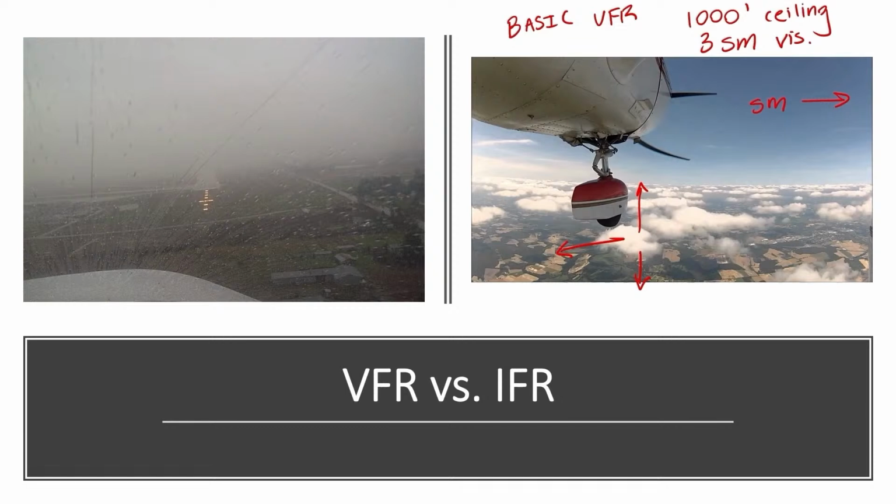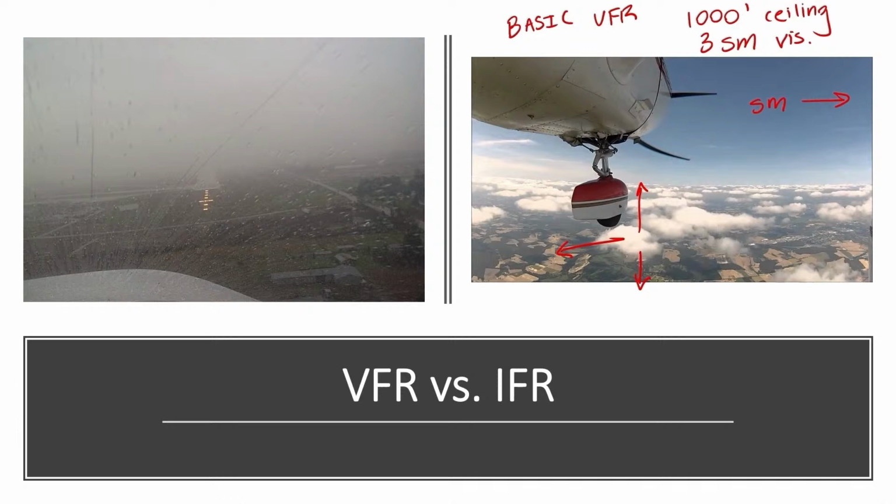We then have a few clouds, scattered clouds, broken, and then also overcast, which would be like a solid layer. So we'll cover the clouds as we move forward to weather, but just know that anytime that you have a ceiling less than 1,000 feet or the visibility is less than 3 statute miles, then you have to be operating pretty much in the IFR world. If you don't have an instrument rating, it's pretty much going to be off limits.